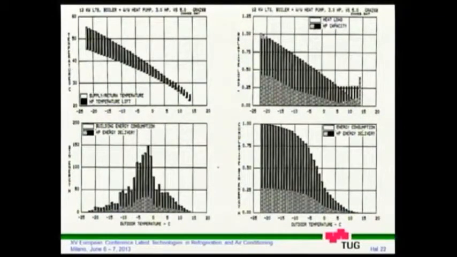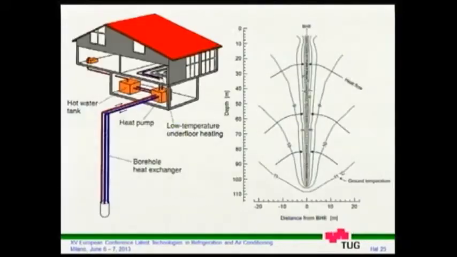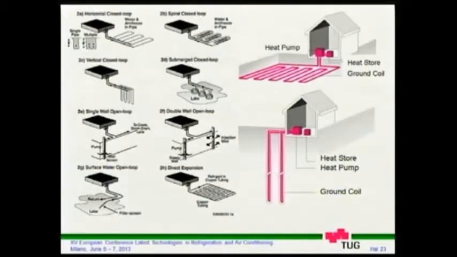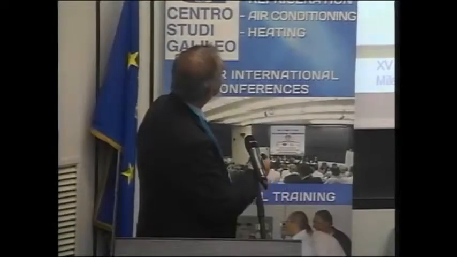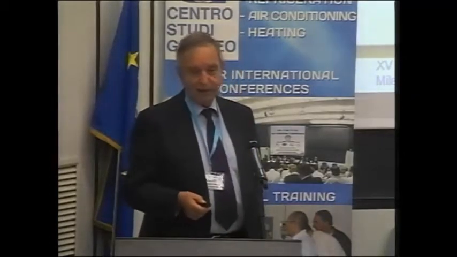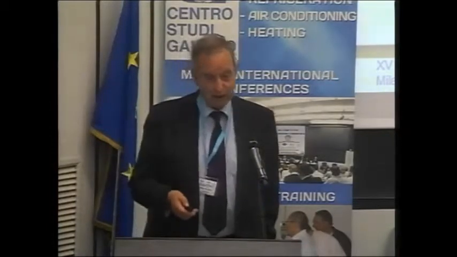Or you can also take a variable speed heat pump, and here you can adapt the capacity over a wide range to the load of the heat pump, which means extremely high efficiency. And in such a case, you have again 2 possibilities.